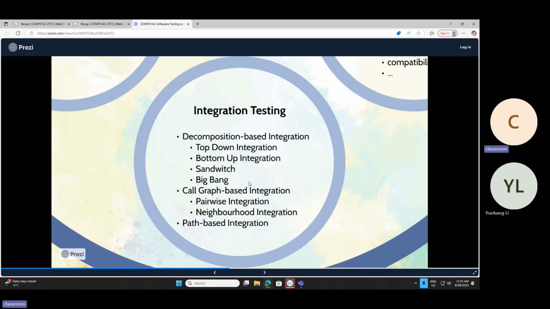So we learned the call graph-based integration techniques. And do you still remember what a call graph is? Is a call graph a control flow graph? Yes or no? A call graph is actually a special type of control flow graph.